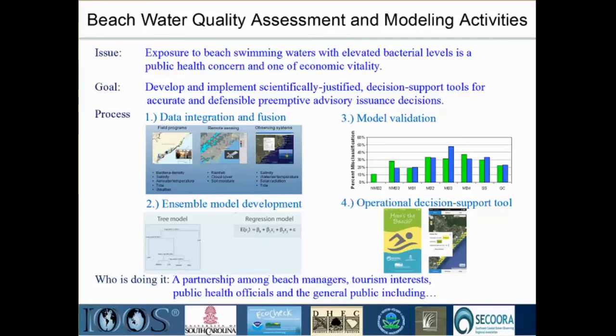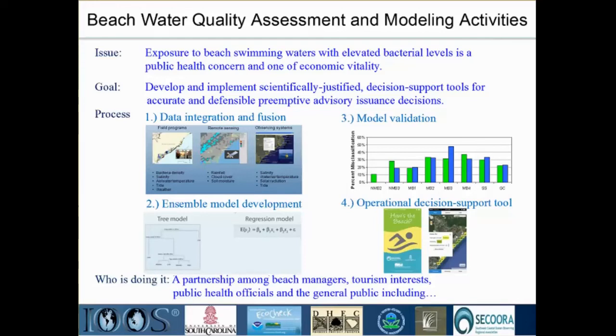And over the years, we have gone from very limited data being available for this process to, courtesy of a variety of efforts, including the NERRS and the IOOS activities, the realization that we have pretty robust data out there that can be ingested in real time to allow us to develop these models and run them in a preemptive fashion.